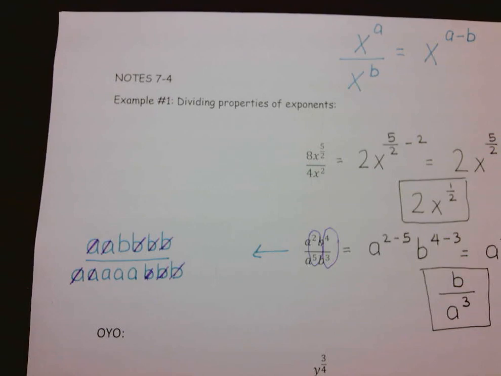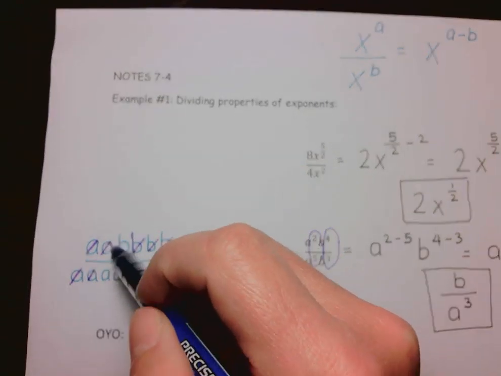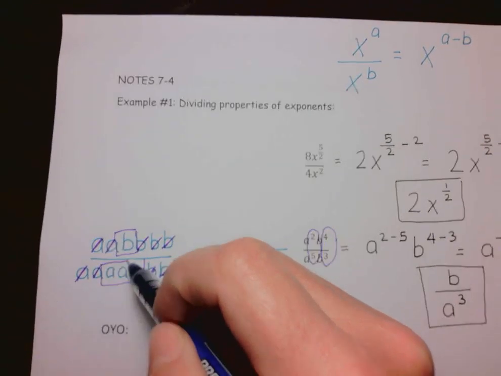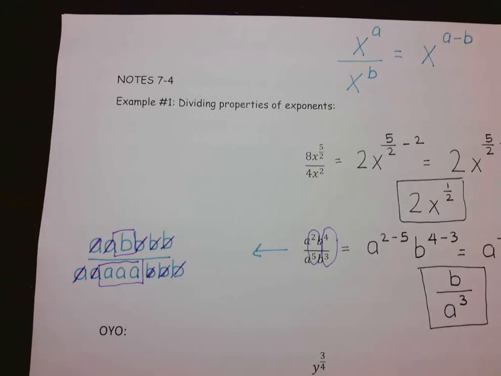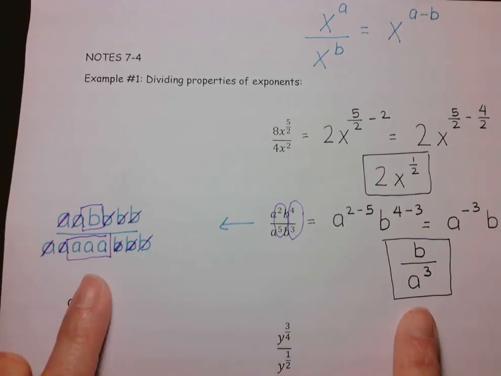I can also cross off 3 b variables from the top and 3 from the bottom. And then what am I left with? I'm left with 1 b variable at the top and 3 a's at the bottom. Well, that's the answer that I got. So that's why this works.